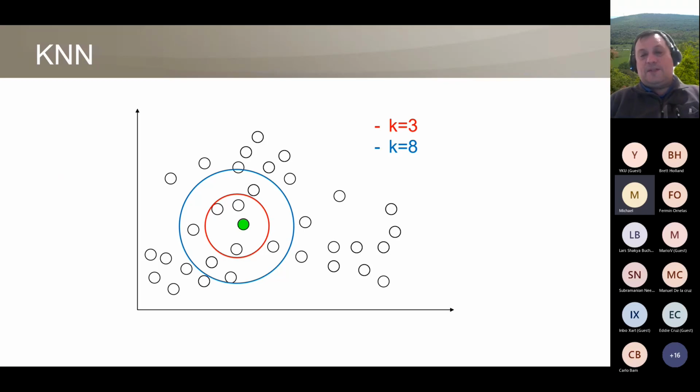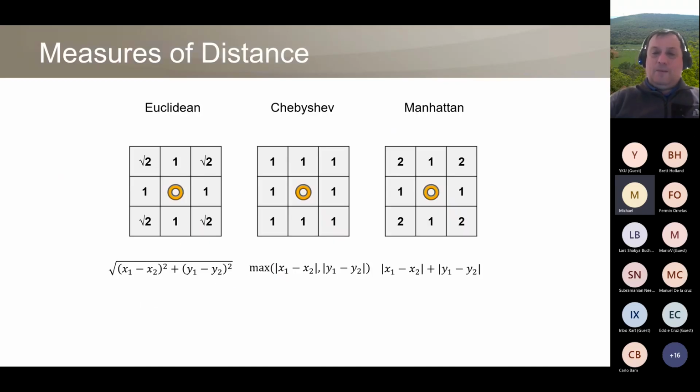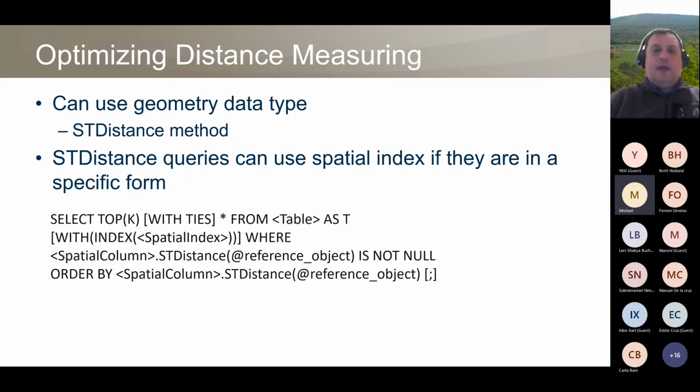Basically, to find the distances, I am actually doing a cross join between these two tables because for every case in the search set I have to scan the full training set. And let's see if we can help ourselves with the geometry data type and with a spatial index and see if we can somehow make this better performing.